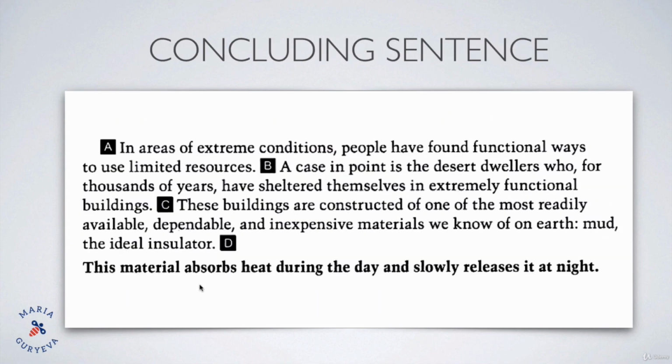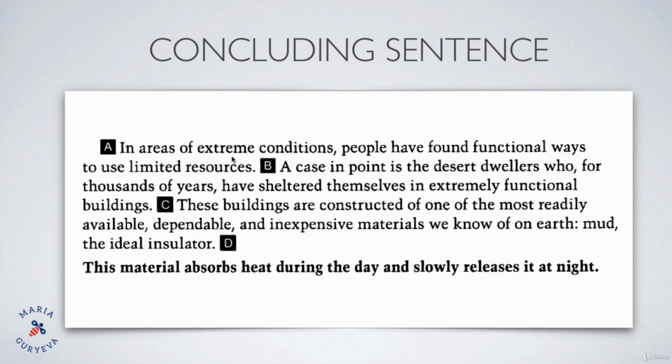Sometimes we need to put a sentence as a concluding sentence, okay? So of course for this sentence, the place will be here as a concluding statement, and let's see why. So we have a sentence: "This material absorbs heat during the day and slowly releases it at night." Let's read the text. In areas of extreme conditions, people have found functional ways to use limited resources.